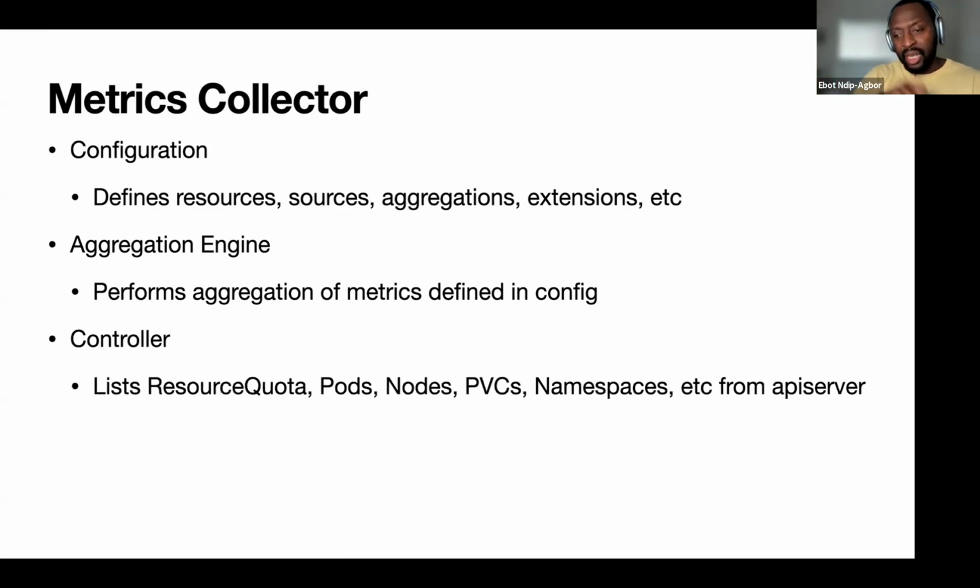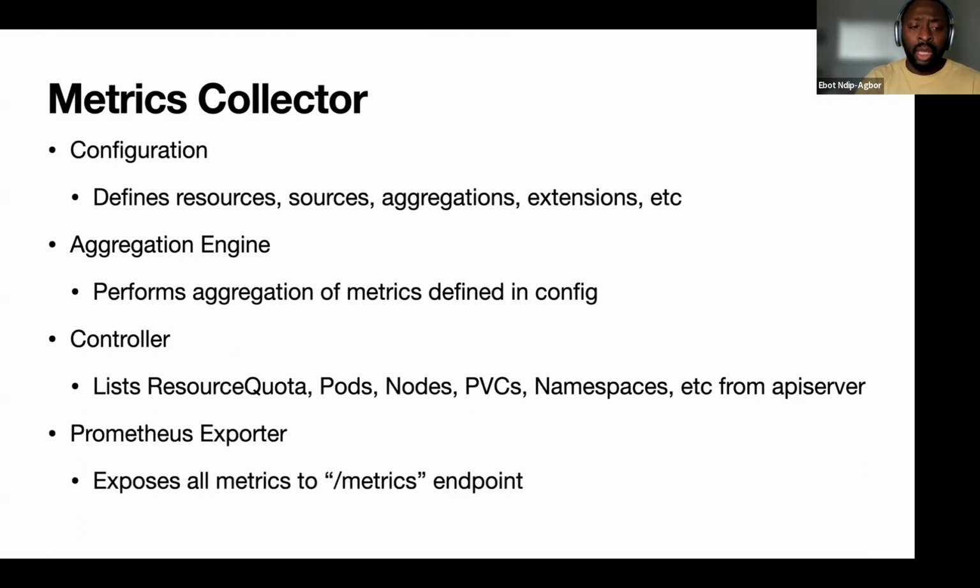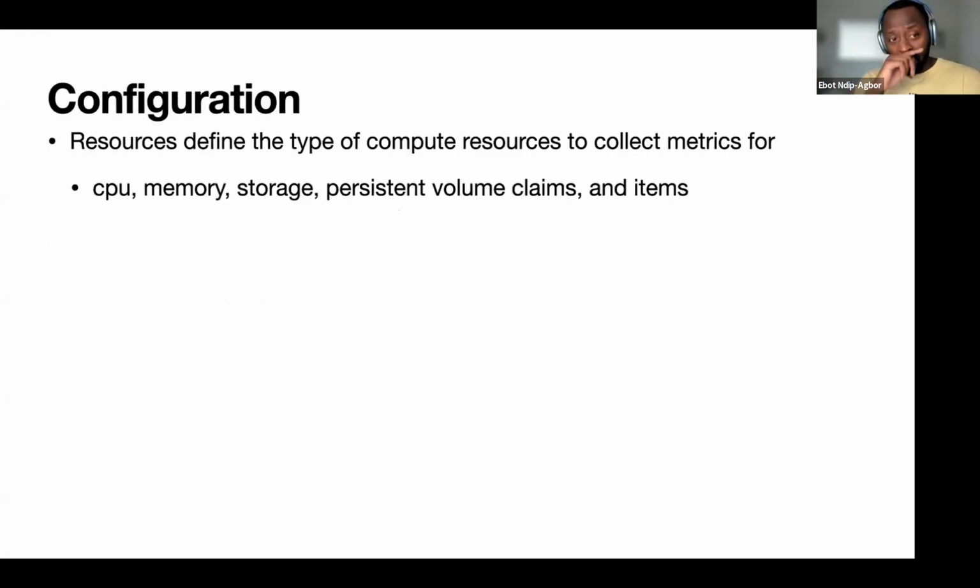And then you have the controller that would list the resource quota to get other sources from that in pods, nodes, PVCs, or namespaces. And then you have the exporter piece that actually exposes the metrics endpoint that you could scrape.